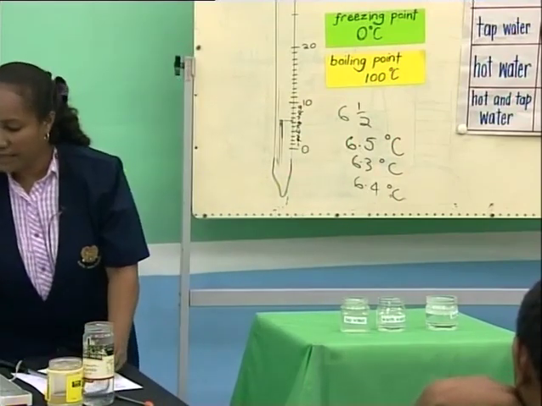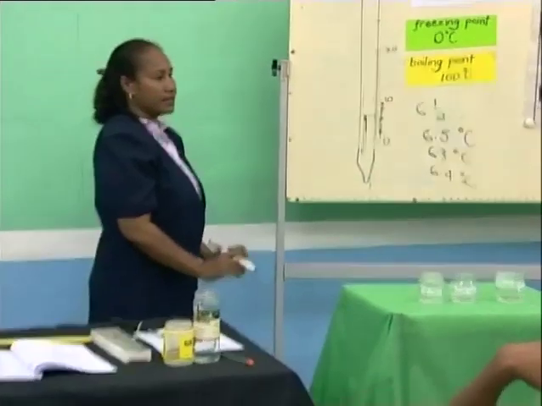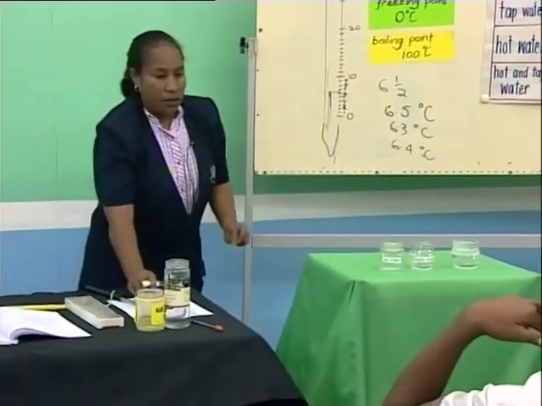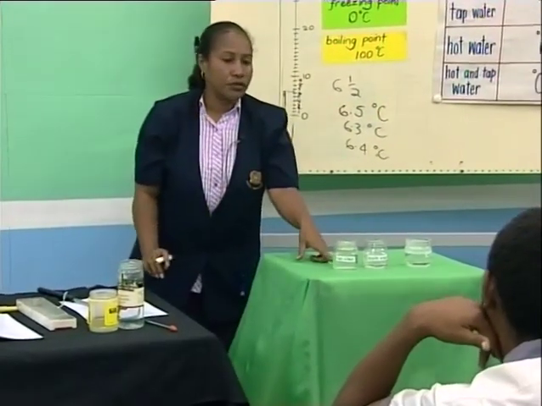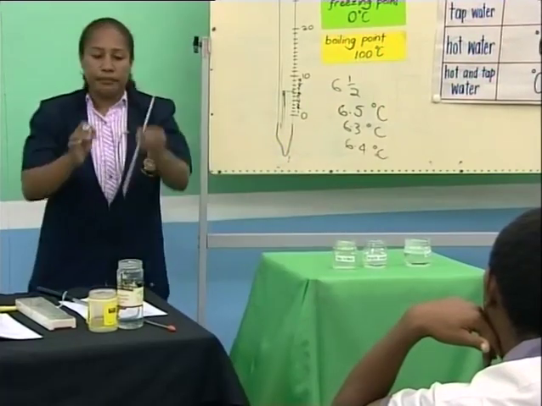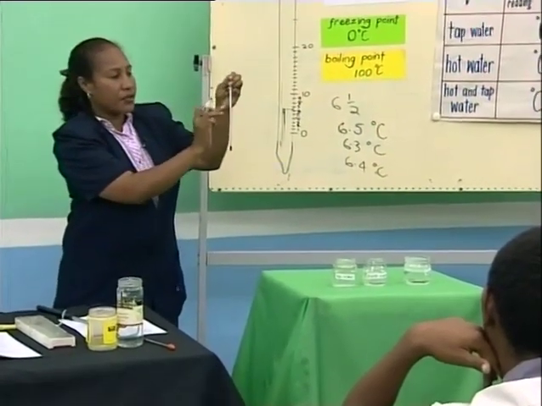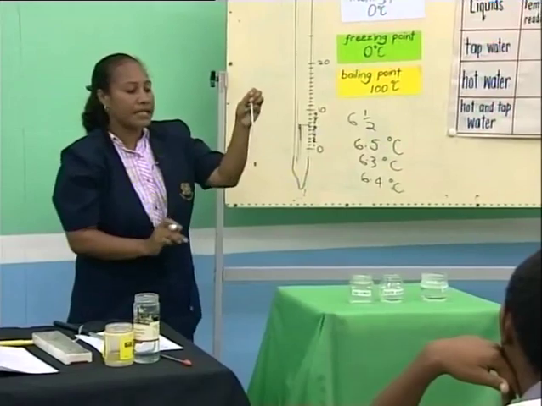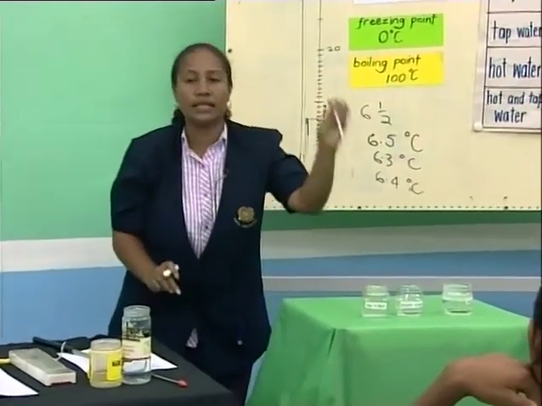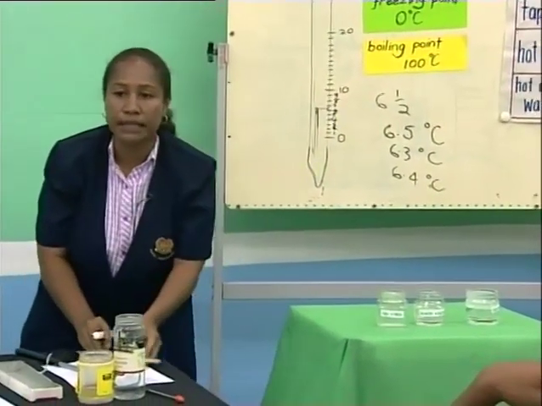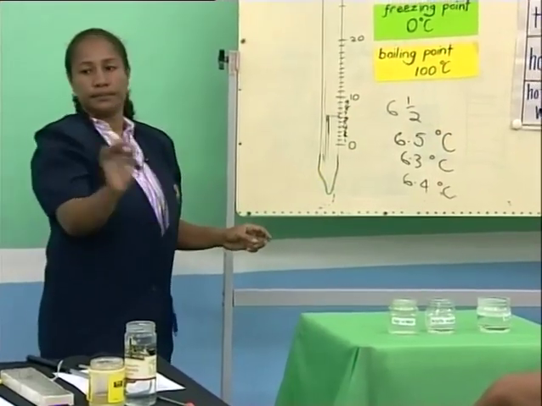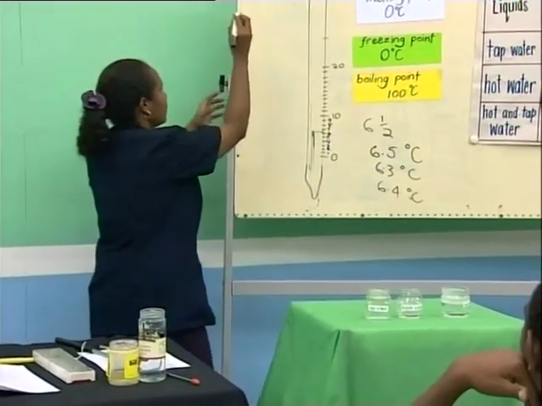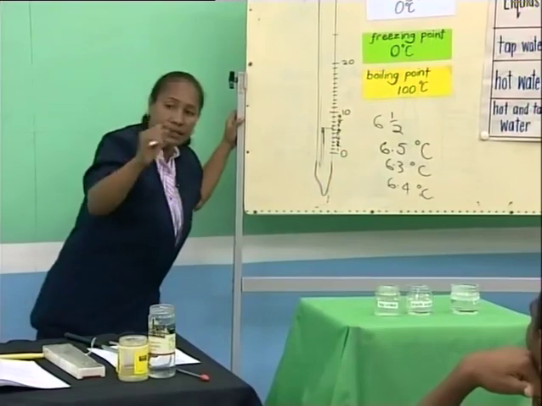Now we are going to make some predictions before we start our activity. What do you think will happen to the mercury strip, the alcohol strip in here when it's placed into the container of cold water for 2 minutes? What will happen to it? Okay, good. We'll get your answer, please. Drop.